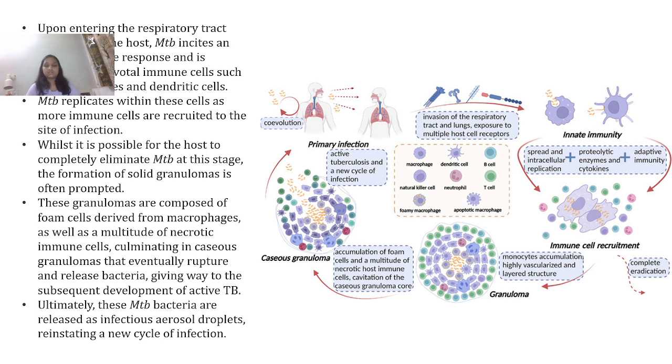They are not activating any immune response. They are just sleeping. But whenever there is a breaking of this granuloma, then it makes an active TB. When this bacteria is released, it is recognized by the immune system. Then there will be many kinds of reactions going on in the cell.